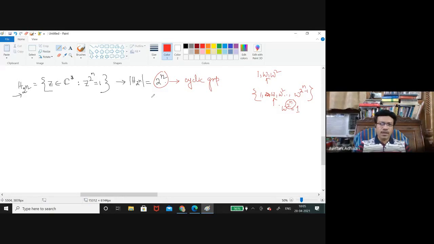Okay, now if I make a simple twist, let H be my group, and if I consider it like this, all such Z belonging to C star such that Z to the power 2 to the power n equals 1, but I just make a twist here, where n starts from 0, 1, 2, and so on.